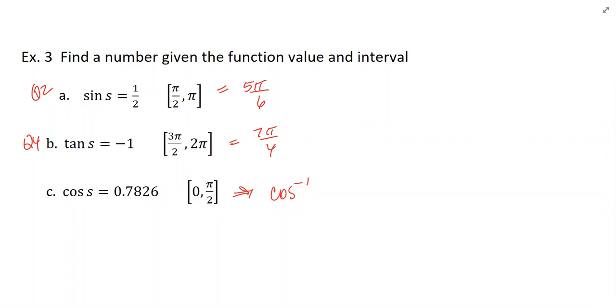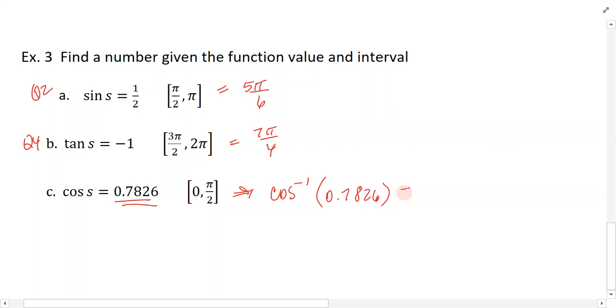So I'm looking for the inverse cosine of 0.7826. Push those buttons for me. We're already in radians, so we're going to get back an answer that's in radians. And what you get back is what, 0.6720?